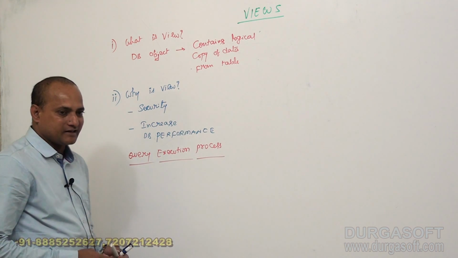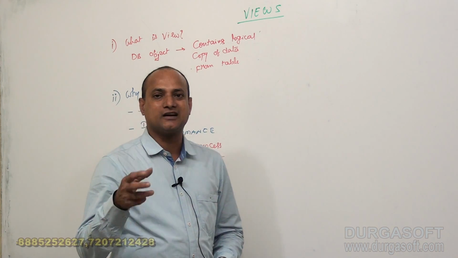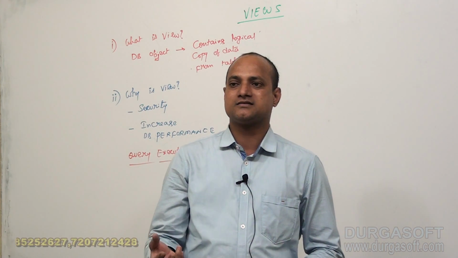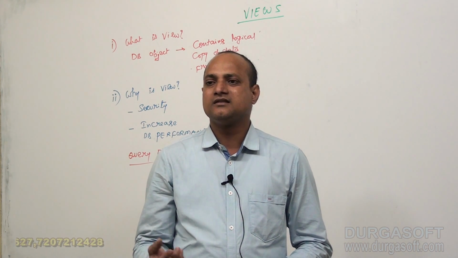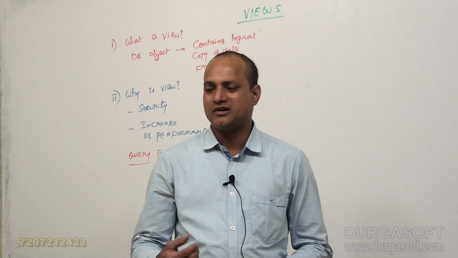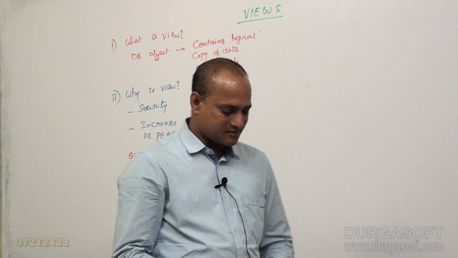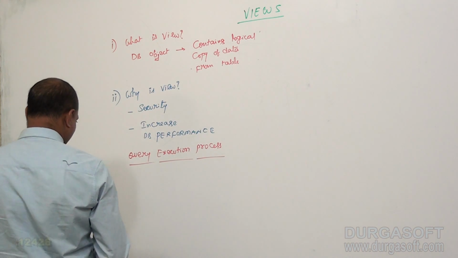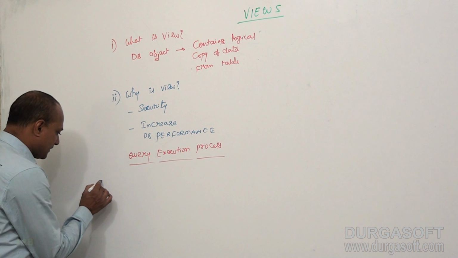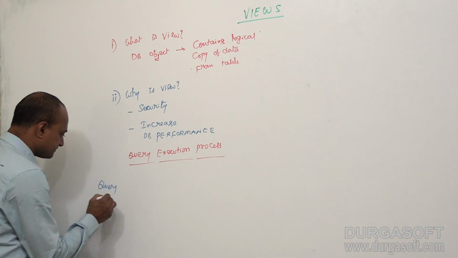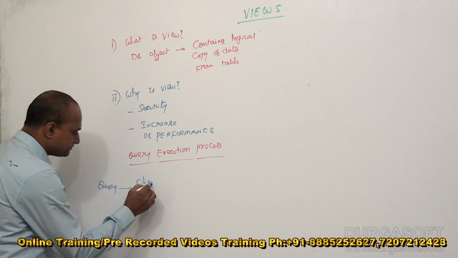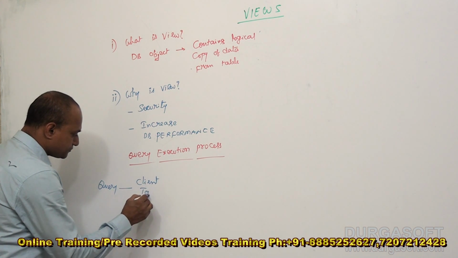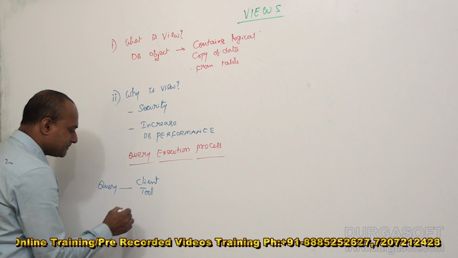Whenever you are submitting a select query, I want to select the data from a table, employee table or any other table. Then what is happening? You are writing a query and submitting the query in a client tool. What is the client tool here?